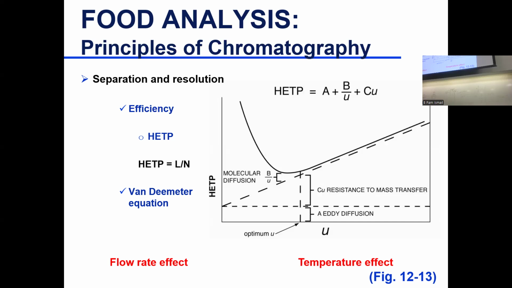So this is greatly impacted by the flow rate of your mobile phase. Let's say you have 1 ml per minute versus 0.1 ml per minute. Which one will cause more longitudinal diffusion? The 1 ml or the 0.1?